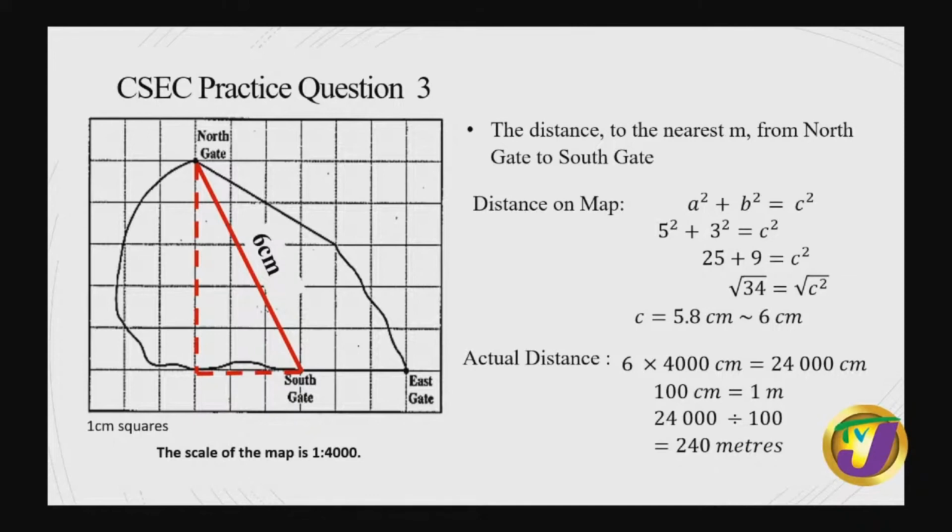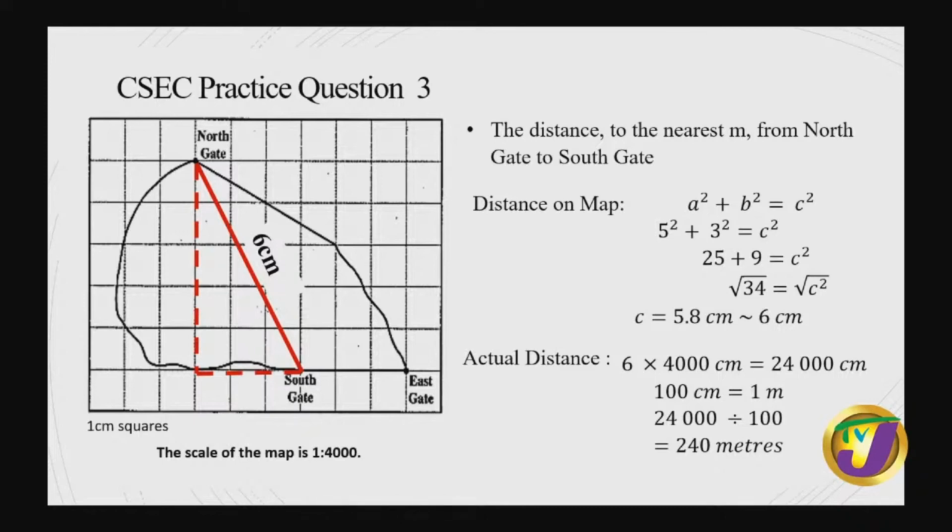Remember, 100 centimeters will give us 1 meter. So we do our division, and then our answer would be 240 meters. And that is our actual distance, so we would have answered the question asked.